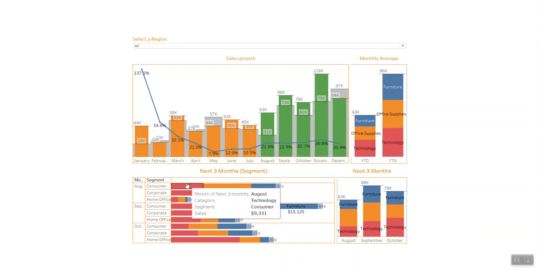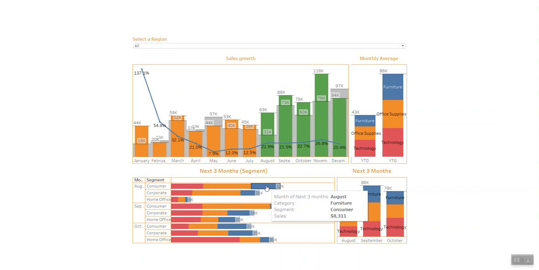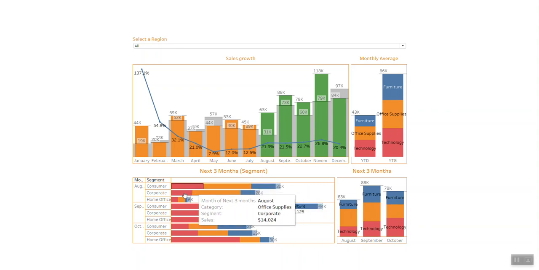Looking at the customer perspective, we see August by segment: consumer, corporate and home office are the segments.